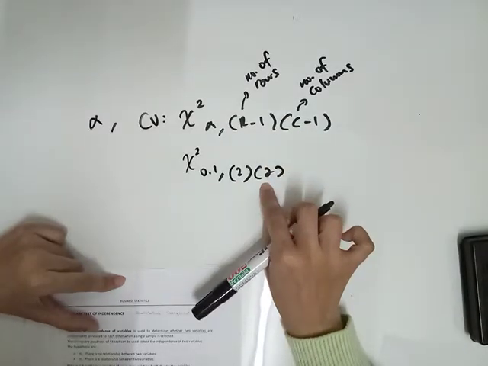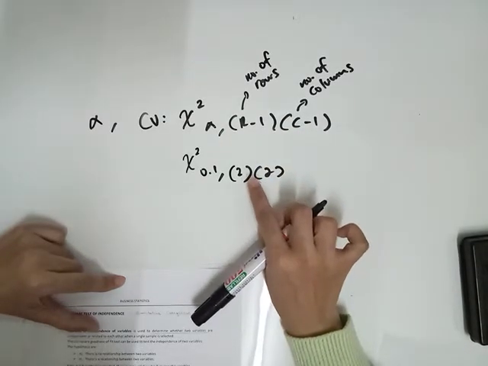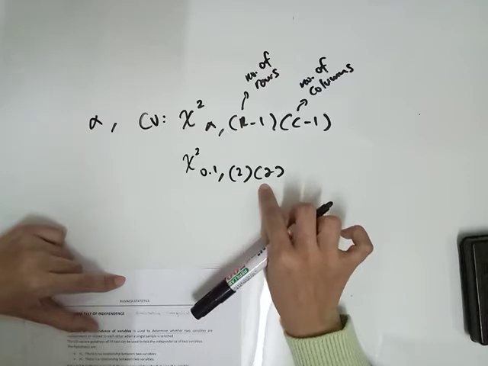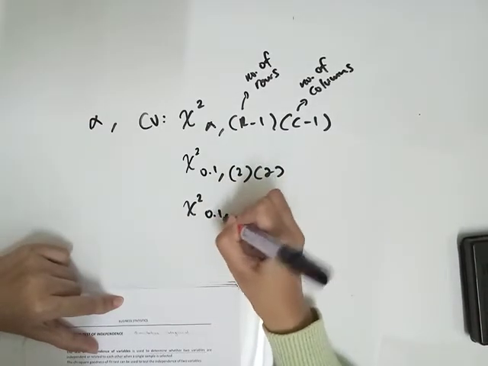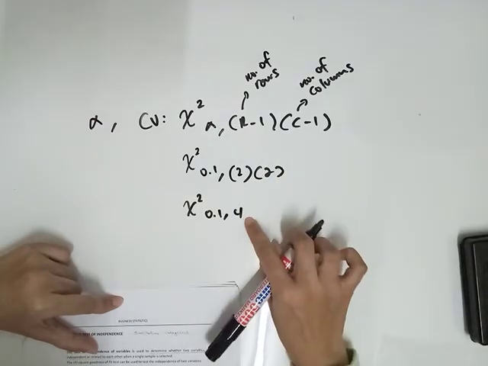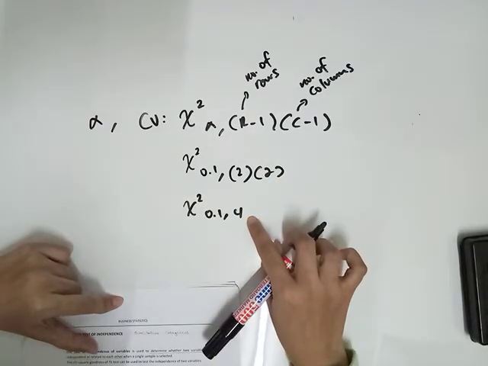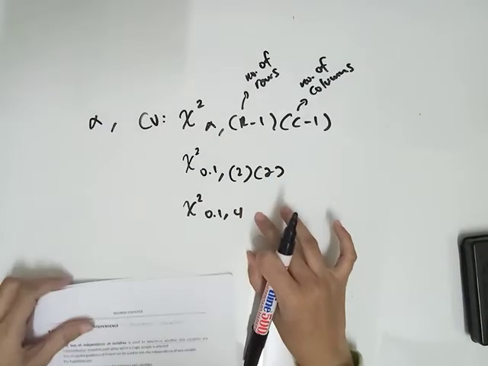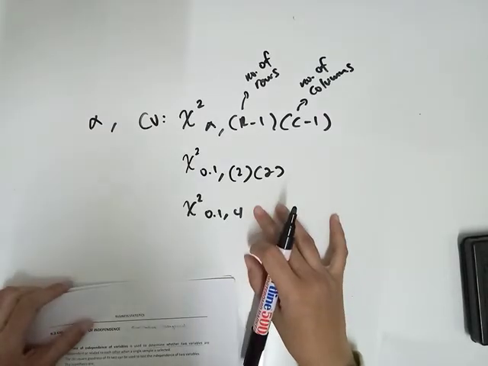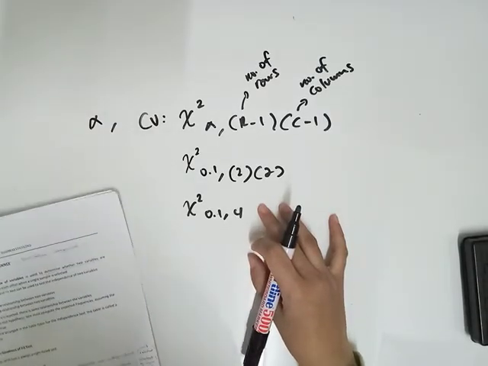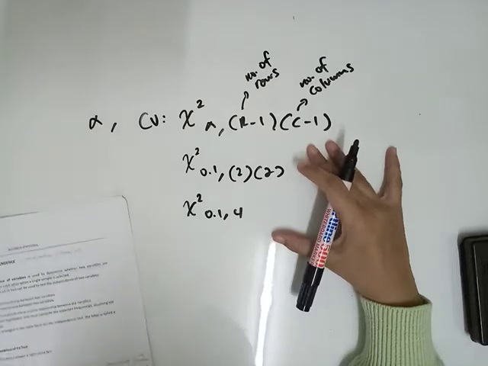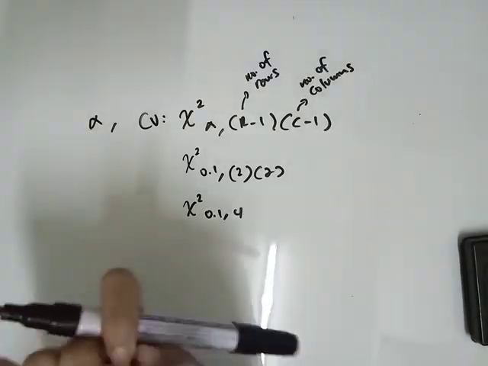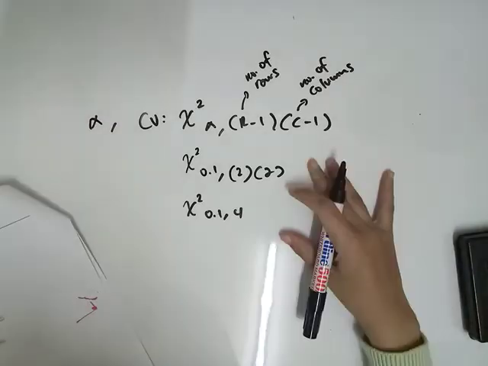Then 2 times 2, this is a multiplication concept, we get 4. So chi-square when alpha is 0.1 and 4 is the degree of freedom. How do we find it? You have to check in the statistics table. Later I will show you. So this is the critical value for chi-square, and this is the second step.